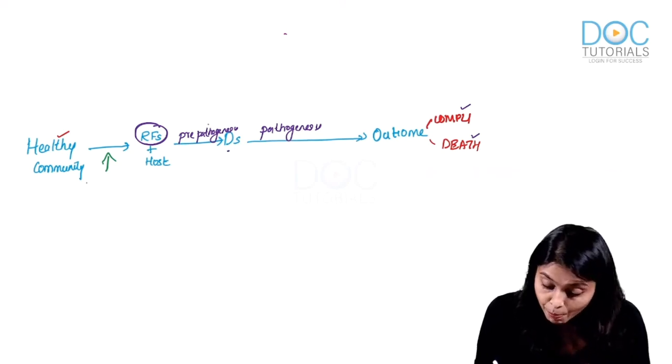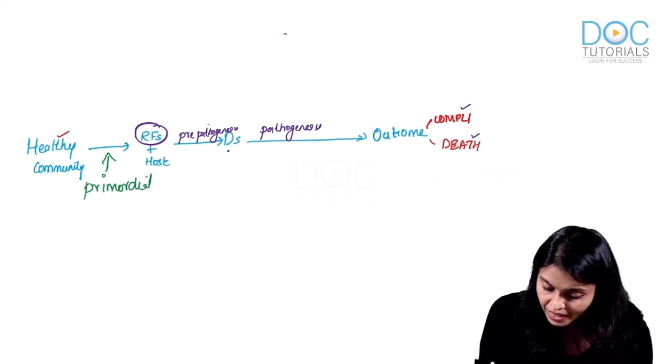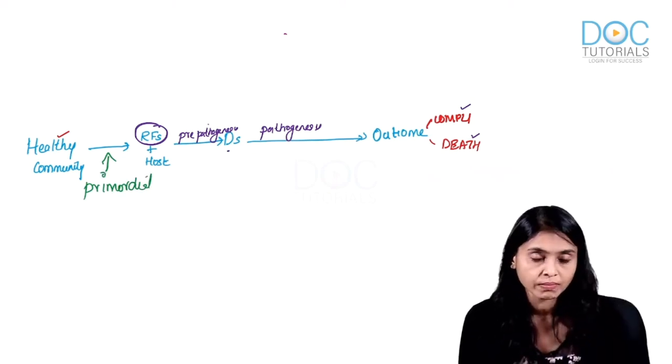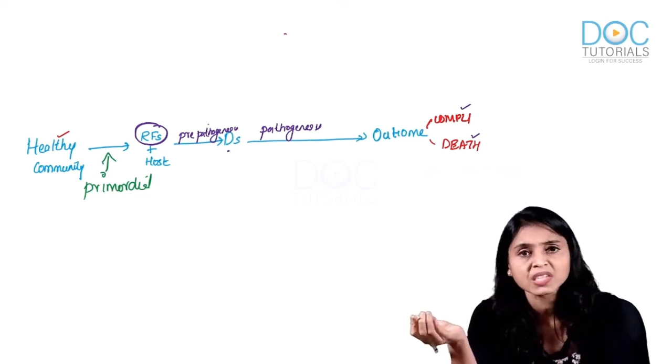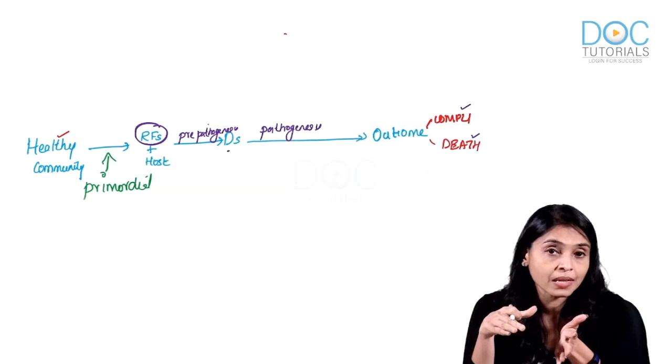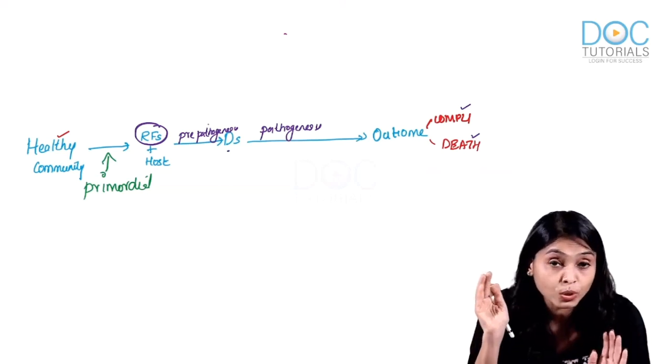Okay. So that is primordial prevention, where you are removing the probability that risk factors will ever evolve. No risk factors at all. Suppose you failed here, what will happen? Risk factors will come up and you are surrounded by a lot of risk factors, but no disease yet. That means in the pre-pathogenesis phase.